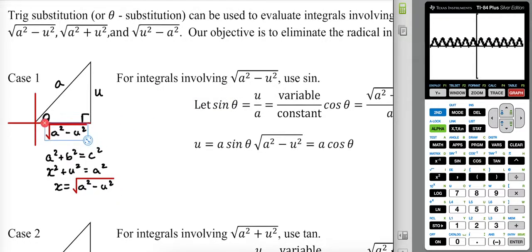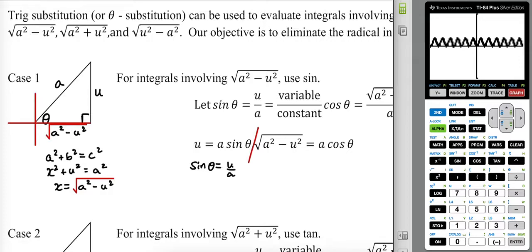You think about all the different ratios that you can come up with. A little bit of spacing issue here notwithstanding, I'll fix that at some point. We could say, for example, the sine of theta is u over a.